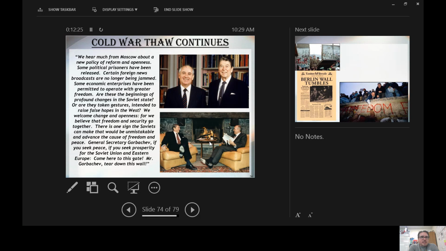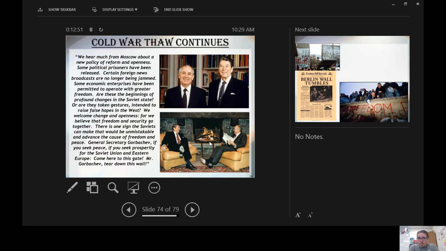We hear much from Moscow about a new policy of reform and openness. Some political prisoners have been released. Certain foreign news broadcasts are no longer being jammed. Some economic enterprises have been permitted to operate with greater freedom. Are these the beginnings of profound changes in the Soviet state, or are they token gestures intended to raise false hopes in the West?